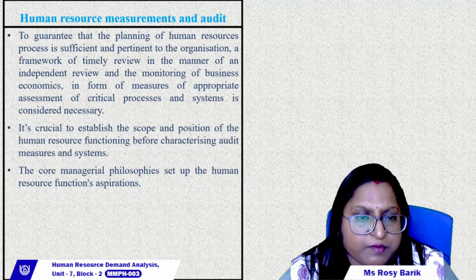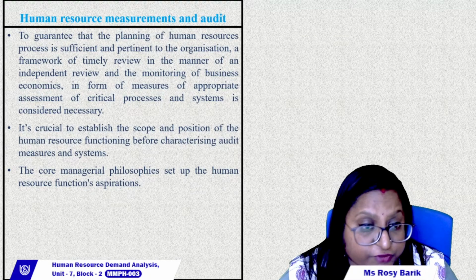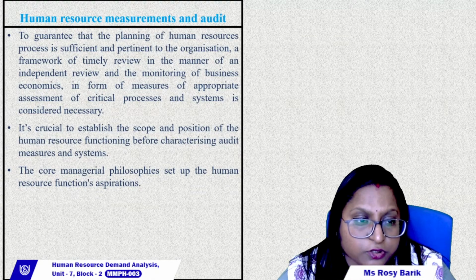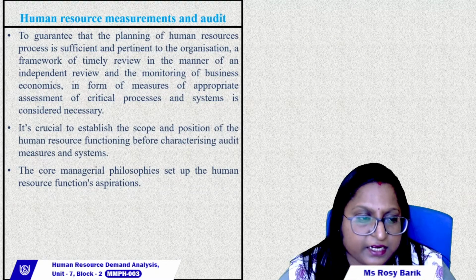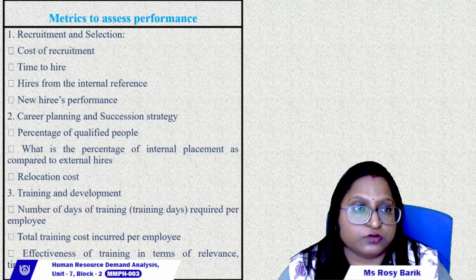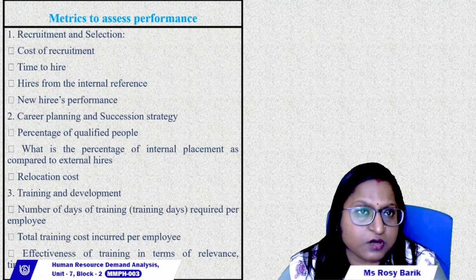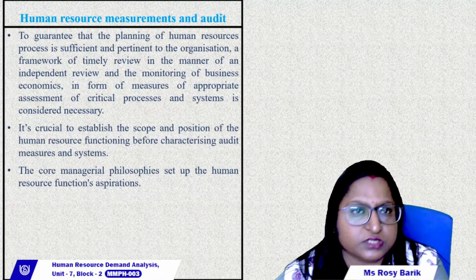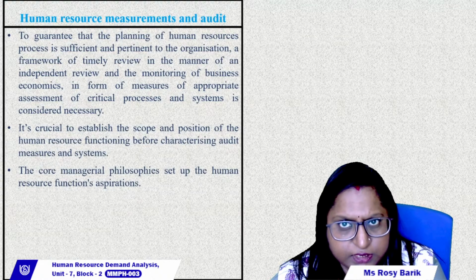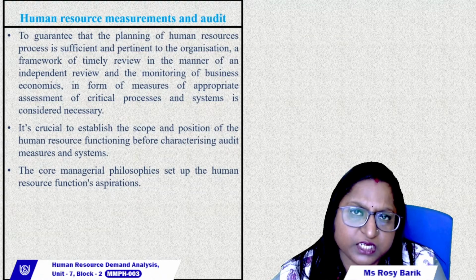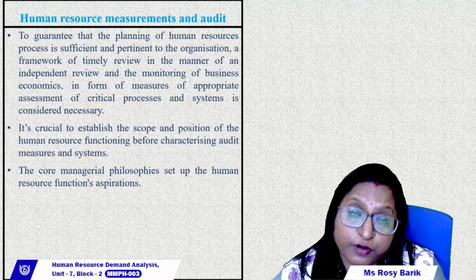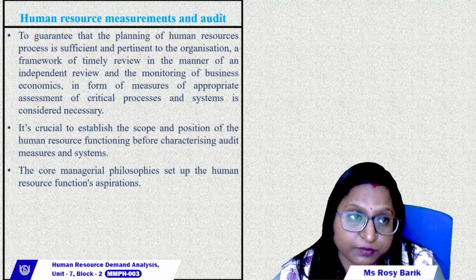It's crucial to establish the scope and position of the human resource functioning before characterizing the audit measures system. So the core managerial philosophy sets the human resource functions' aspirations. First of all, audit means what? We have to find out whether the work is being done effectively or not, whether the people of the organization are working for the organization or doing something else.